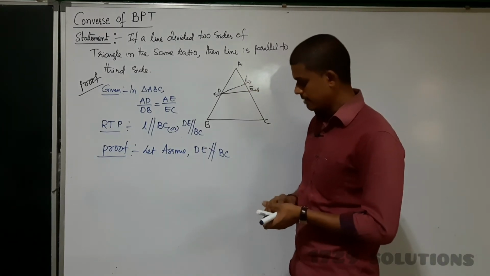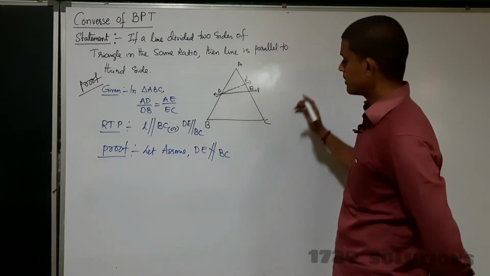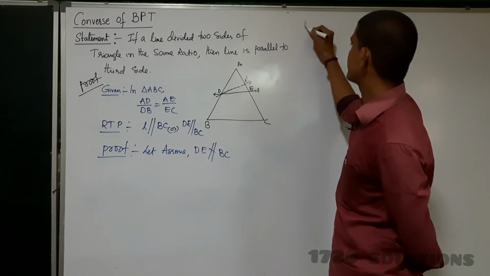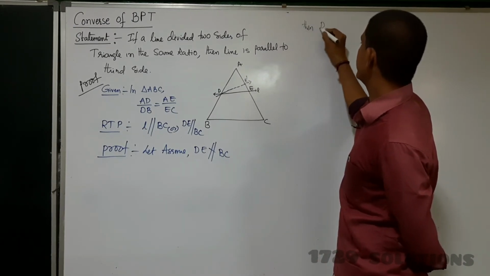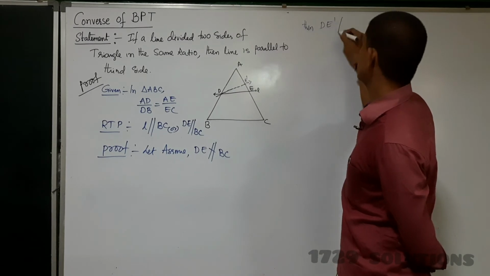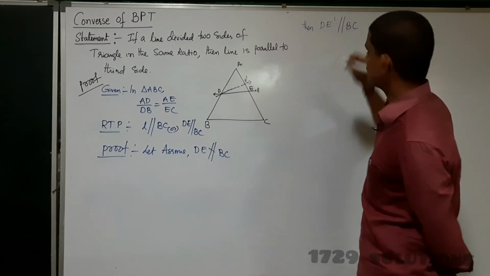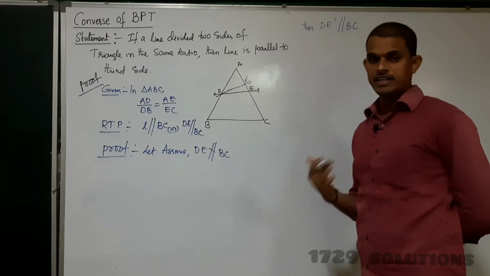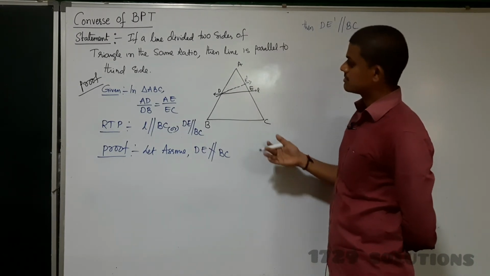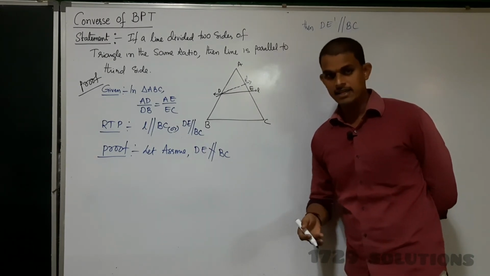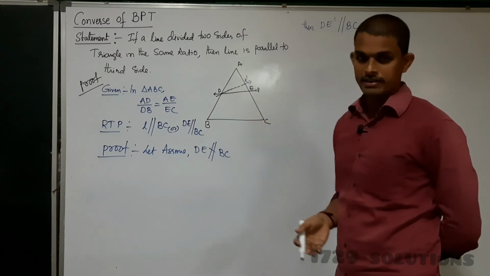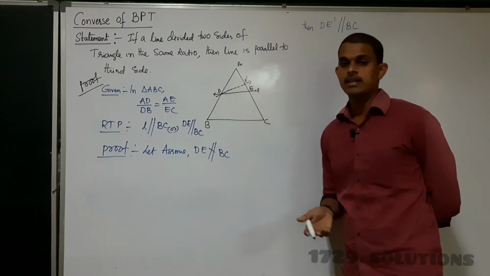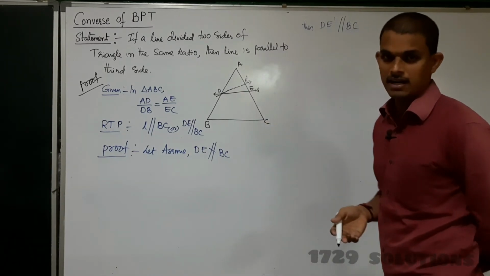So the next step is, let us assume DE is not parallel to BC, then DE dash is parallel to BC. So I am taking another point E dash which is on side AC and passes through the point D. So automatically DE dash I am taking as parallel to BC.